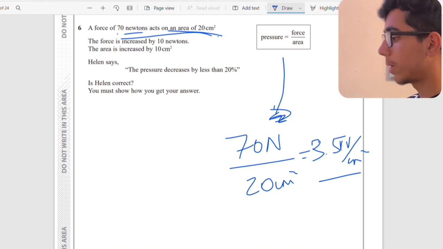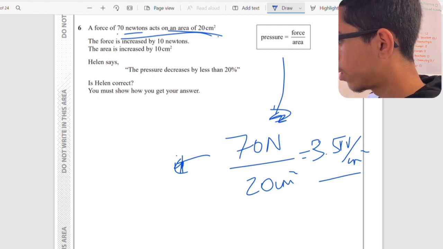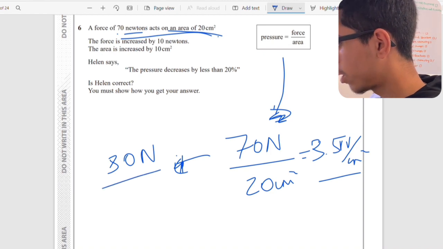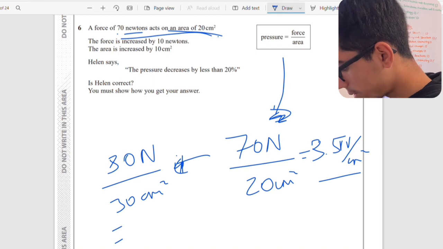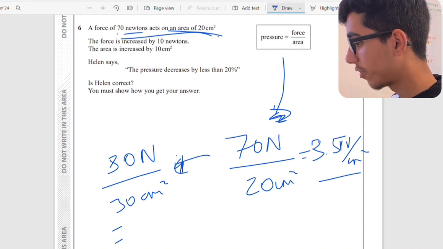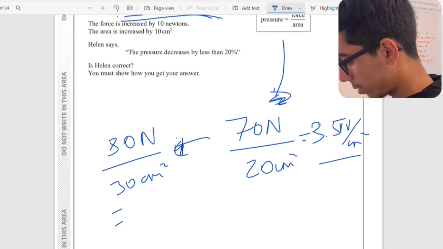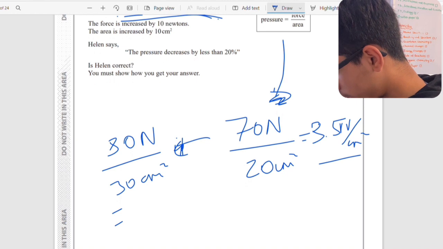Okay, the force is increased by 10 newtons. So if we increase that to 80 newtons, and the area is increased by, okay, we increase that to 30 centimeters squared, that would give us 2.6 recurring.